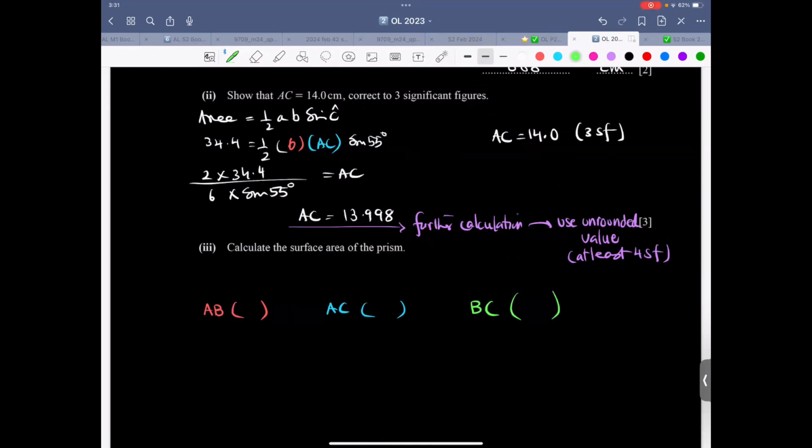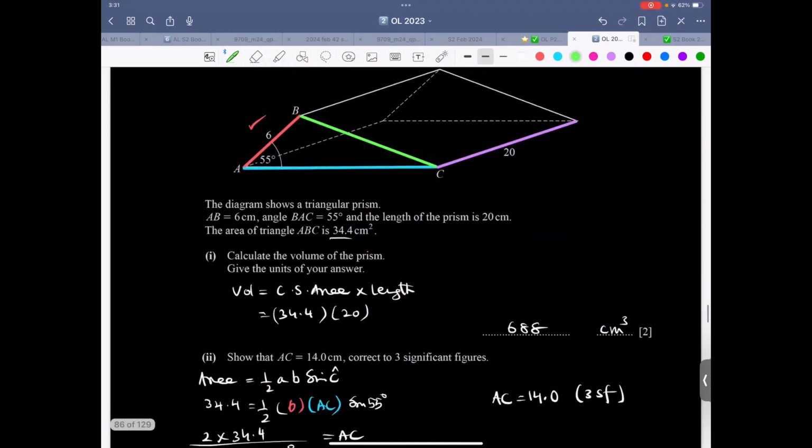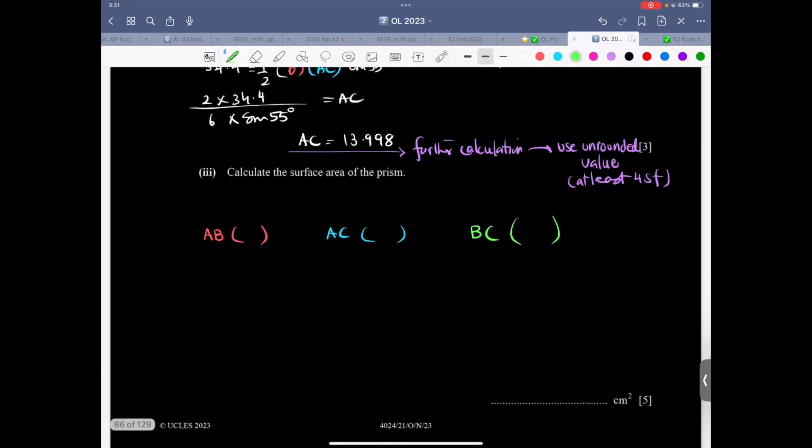And then we have 2 triangles, ABC twice. So this is 2 times triangle ABC. So that's the front and the back. And these are 3 walls. Wall 1, wall 2, and this is wall 3.